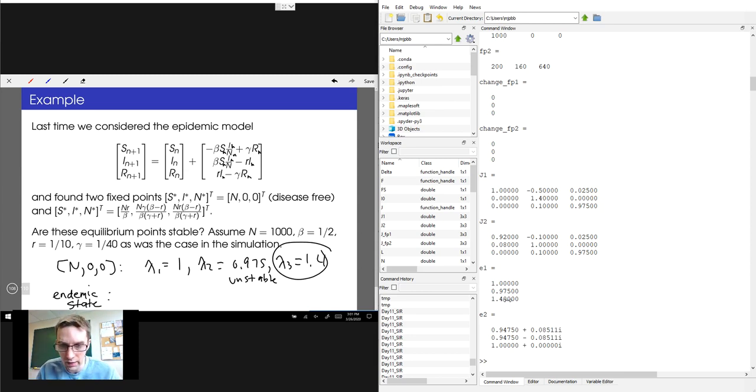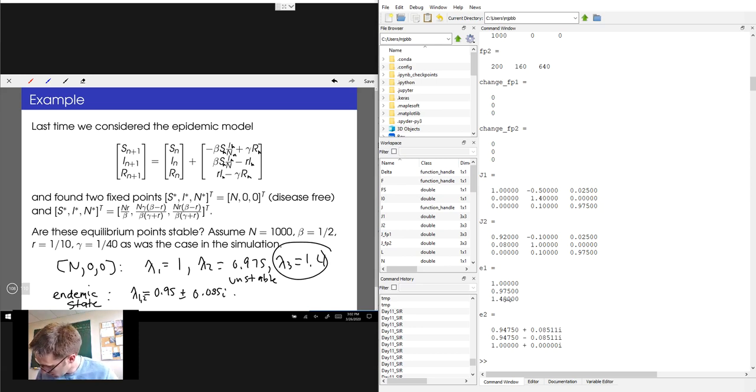The eigenvalues, it looks like they are complex. And so we have lambda 1 equals 0.95 plus or minus 0.085 i. So actually that's lambda 1 and 2.